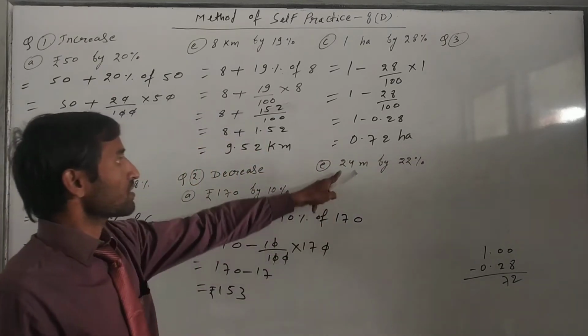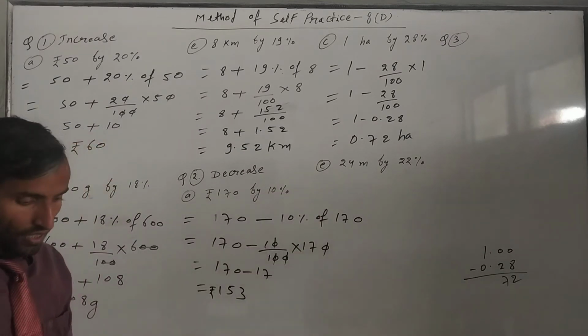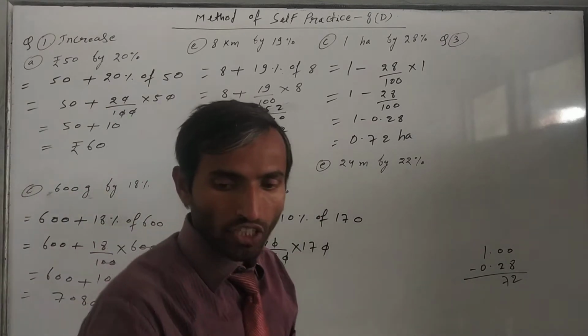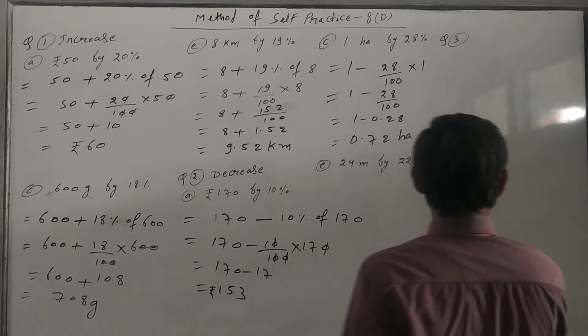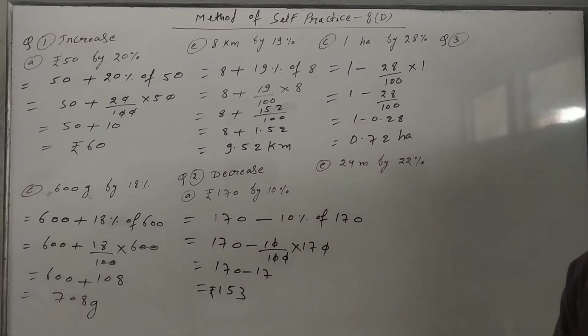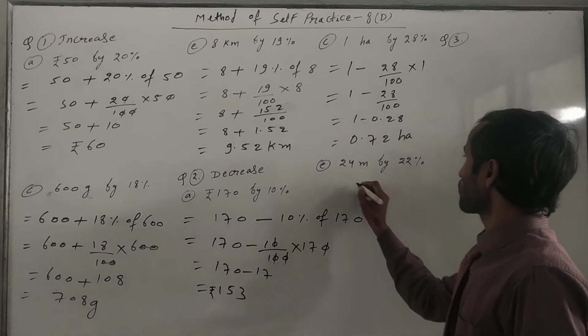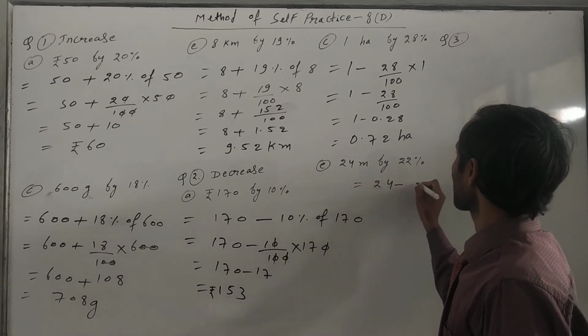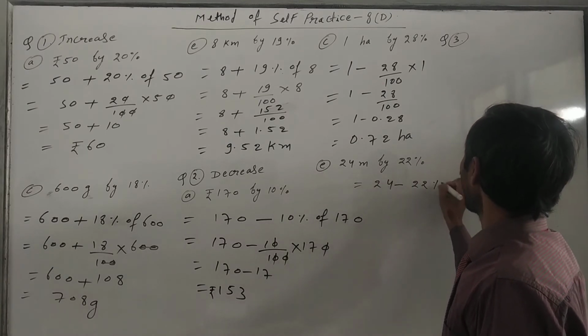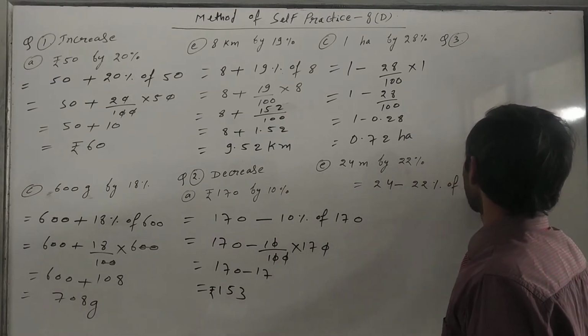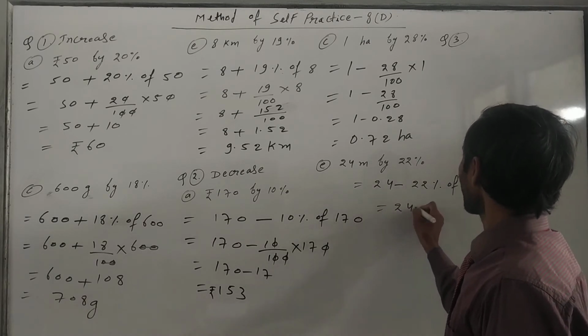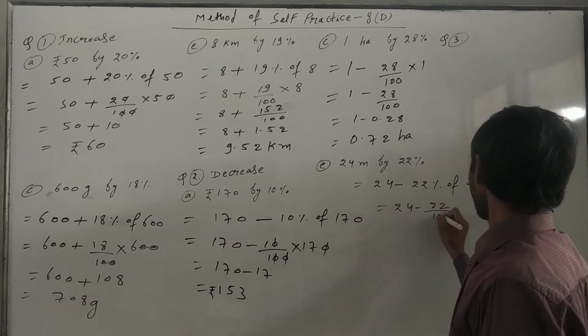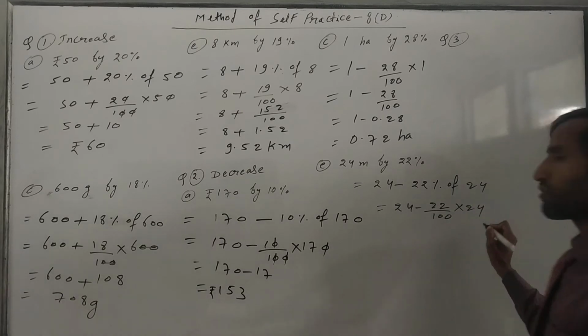Now in the E part, 24 meter, we have to decrease by 22%. In this case we subtract again: 24 minus 22% of 24. So it will come 24 minus 22 upon 100 into 24.